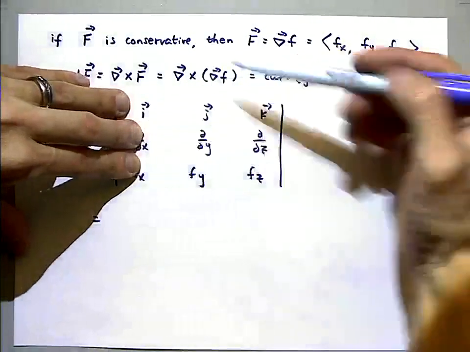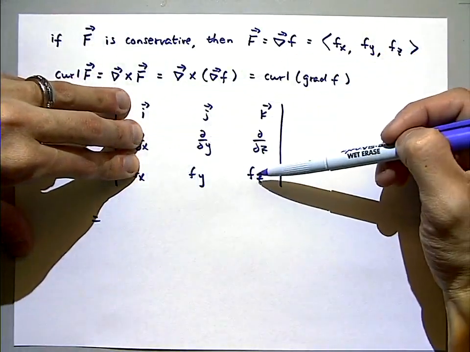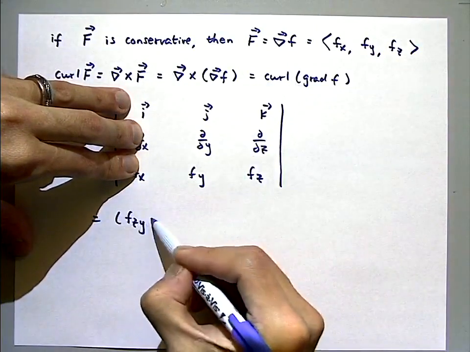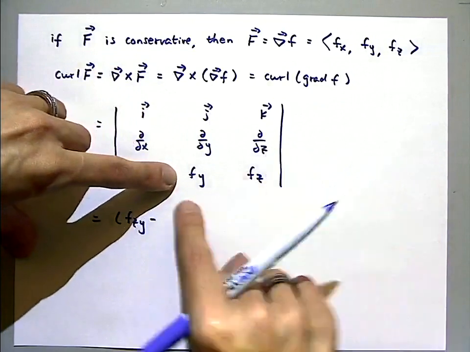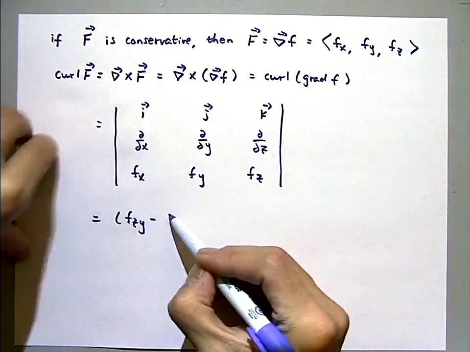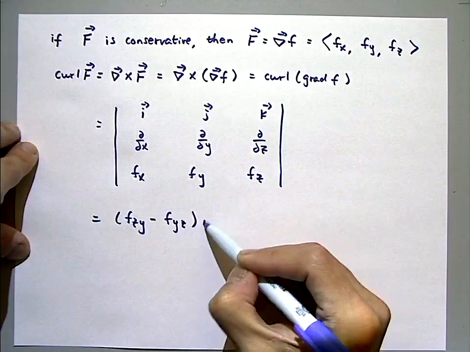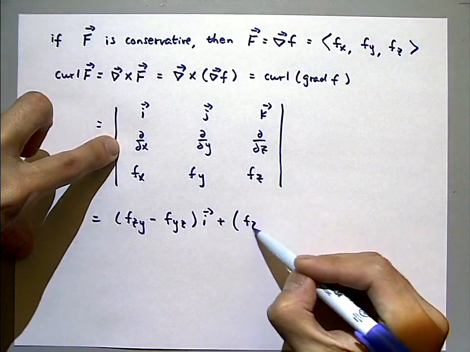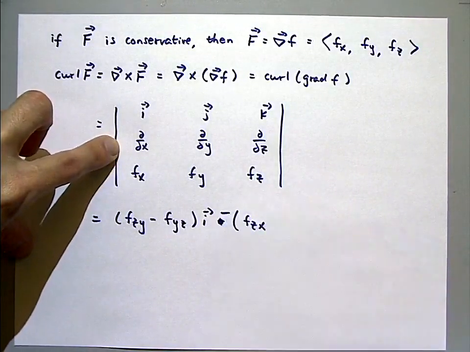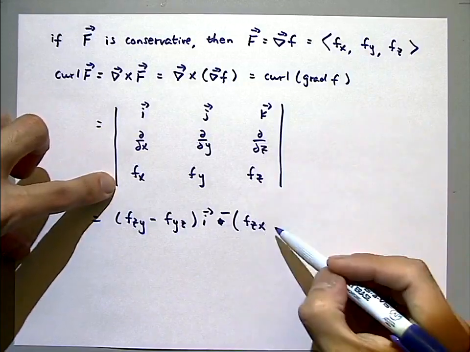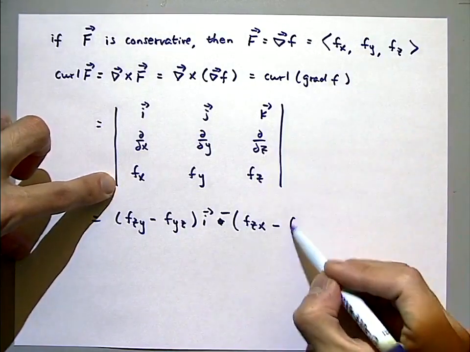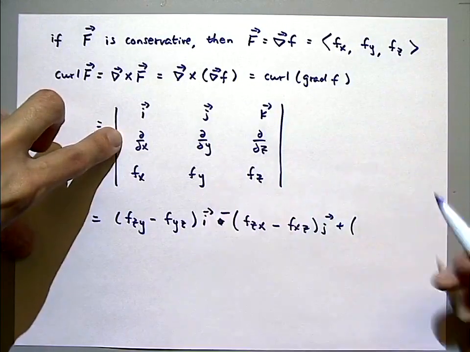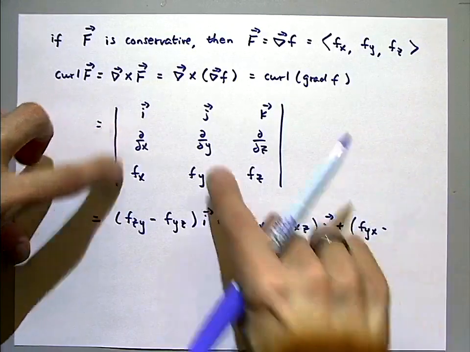In the i component here, we're taking the second partial derivative fzy minus the second partial derivative fyz. So that's the i component. j component, we get fzx, that's negative, sorry, fzx minus fxz, j, plus k component, fyx minus fxy.